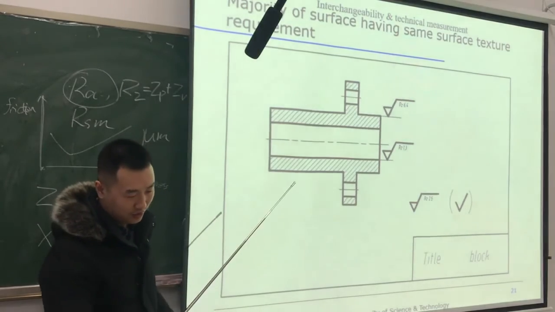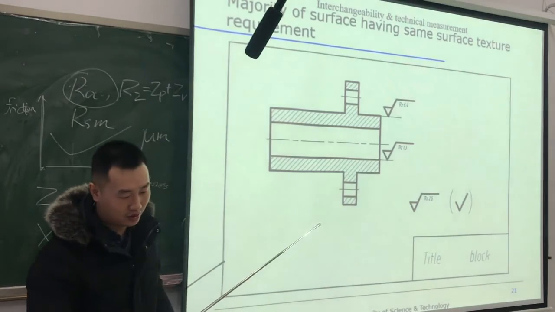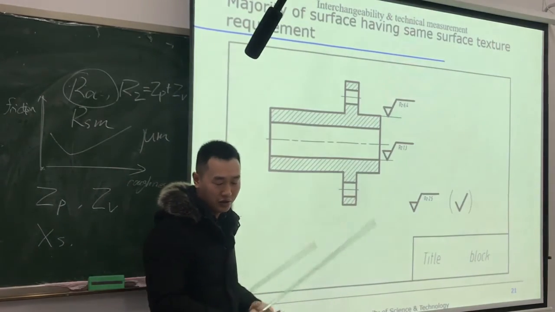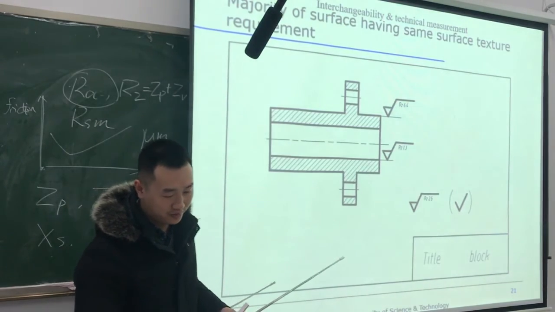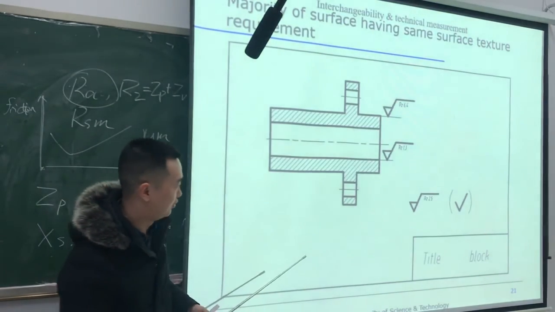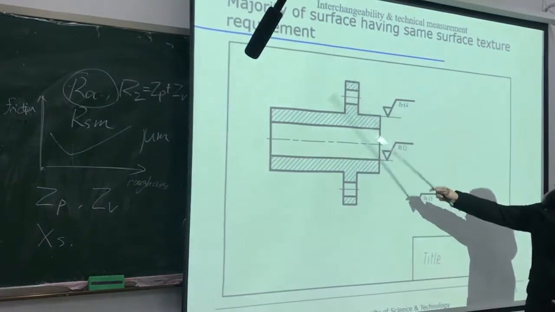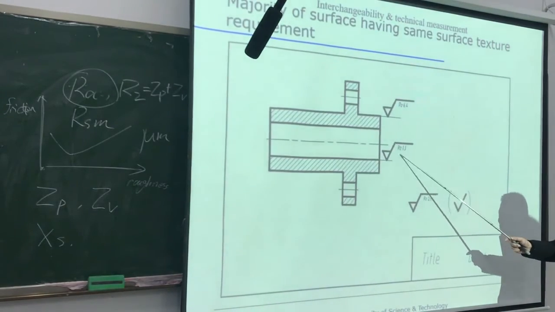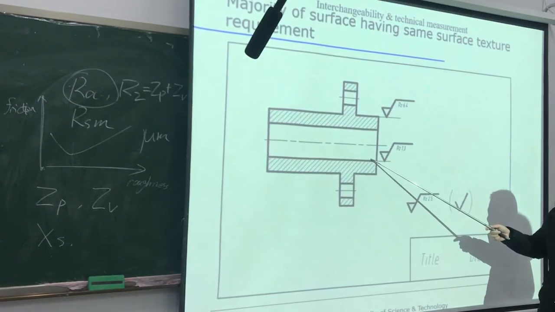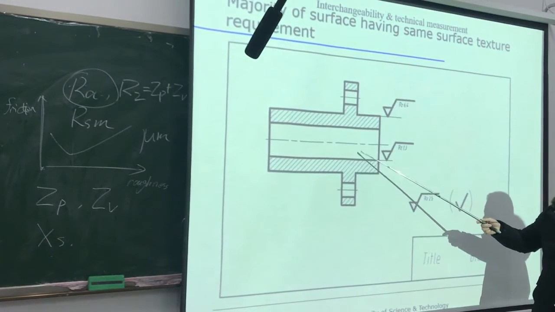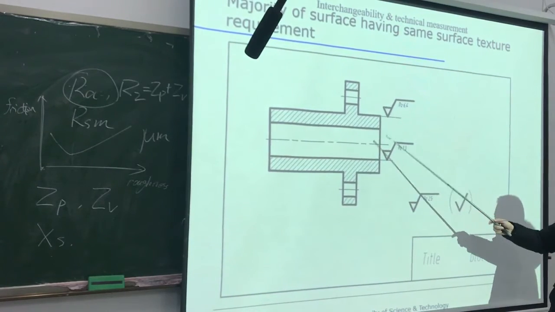And when we label the surface, we do not need to label the roughness requirement for all the surfaces. For the majority of surfaces having the same surface texture requirements, you can label like this. For this workpiece, as we can see here, this is the surface requirement for the surface of the hole, and this is the roughness requirement for the shaft.